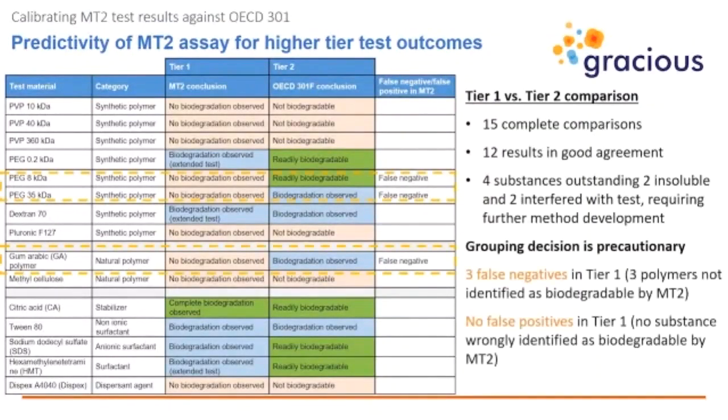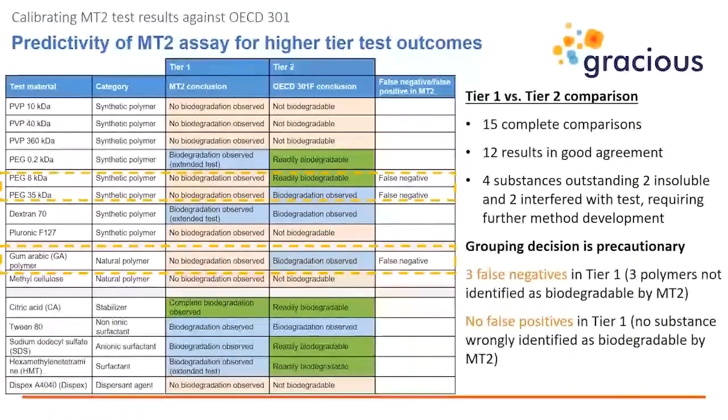This is because within our comparison and our calibration against the OECD results, we found 3 false negatives. So this was where your tier 1 did not identify biodegradation, which was then observed in your tier 2. However, we saw no false positives. So we never got a result where we saw biodegradation in the MT2 assay, but observed no biodegradation in our OECD assay.